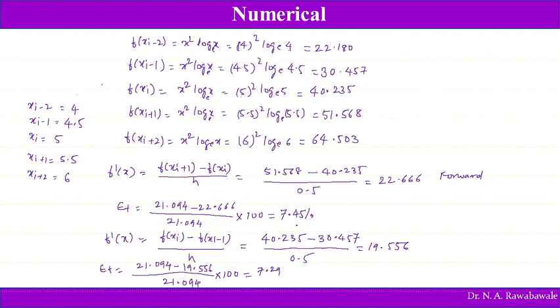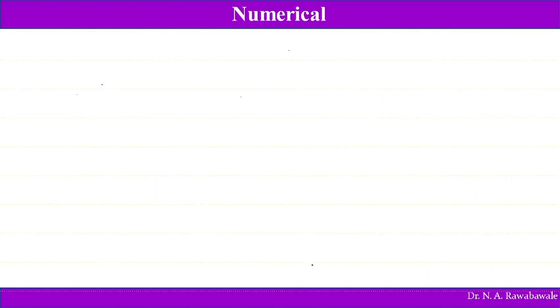The earlier value was 22, which was higher. The second value is lower. So again the error is 7.29%. Now we will move to the center divided difference formula.